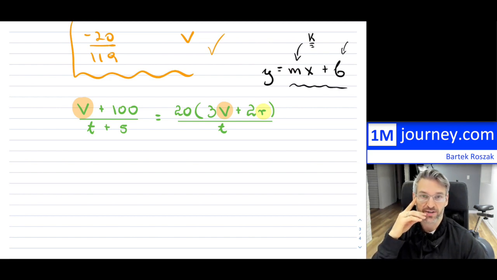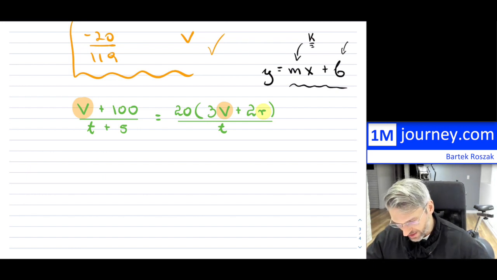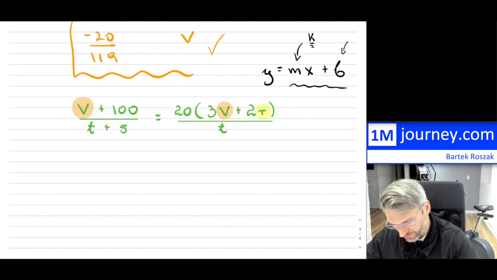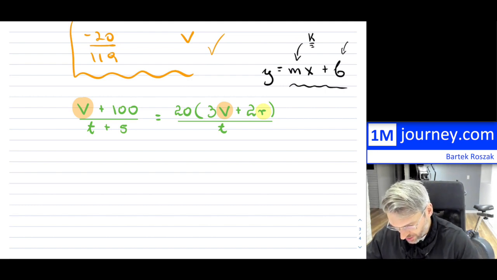That is irrelevant for us. In this case, it's not going to be that terrible. So which one should I call? Well, there's only one r there, so it's going to be easier for me to isolate for r. So I'm going to call r y, and I'm going to call v my x.